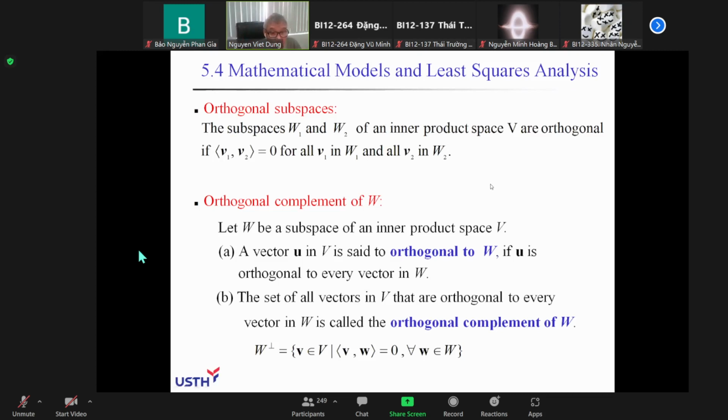After that, we define the notion of orthogonal complement of W. Suppose that you are given W to be a subspace of an inner product space V, then the set of all vectors inside V which are orthogonal to any other vector in W will be called the orthogonal complement of W. And we denote it by W perpendicular like that, or by formula, it is a set here.